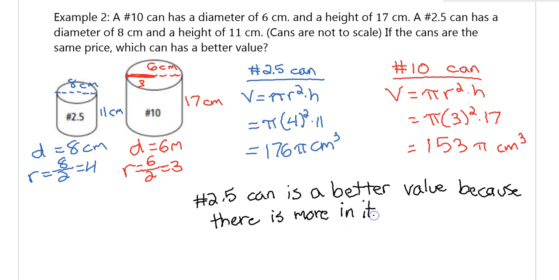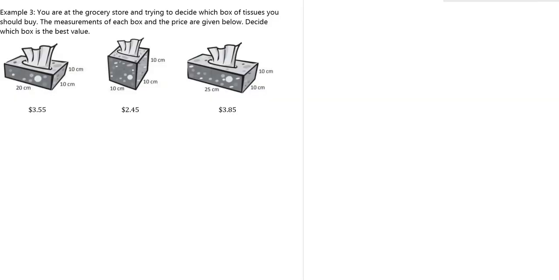Or whatever. We don't know what's in these cans. Okay, but 176 is definitely bigger than 153. All right, let's look at our last example for these ones.